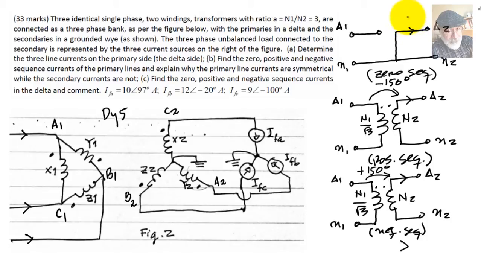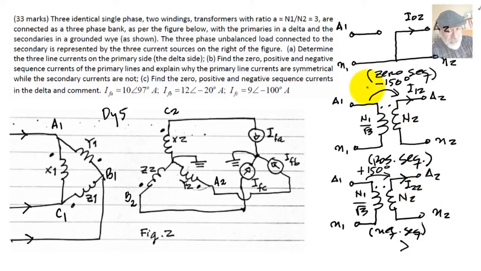We need to determine those 3 currents. This one, that is the zero sequence current of the secondary. This is the positive sequence current of the secondary, and this is the negative sequence current of the secondary. Find those three currents.